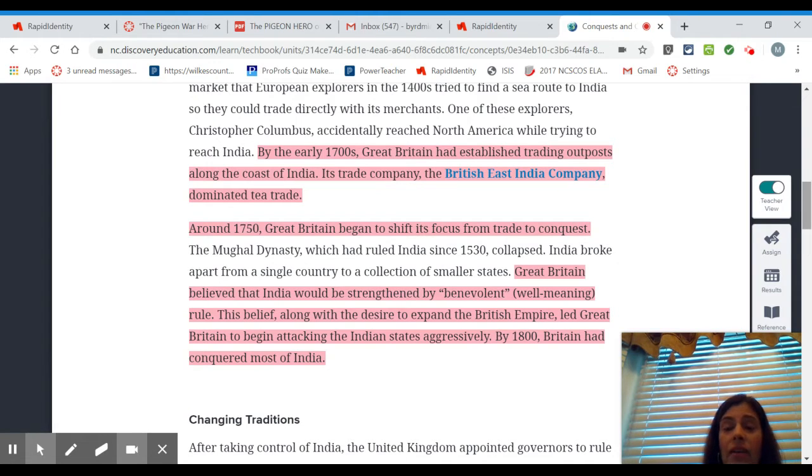They thought they would be good leaders for these Indians. They thought apparently needed some leading. This belief, along with the desire to expand the British Empire, led Great Britain to attack the Indian states, and so by 1800 they pretty much had conquered most of India.